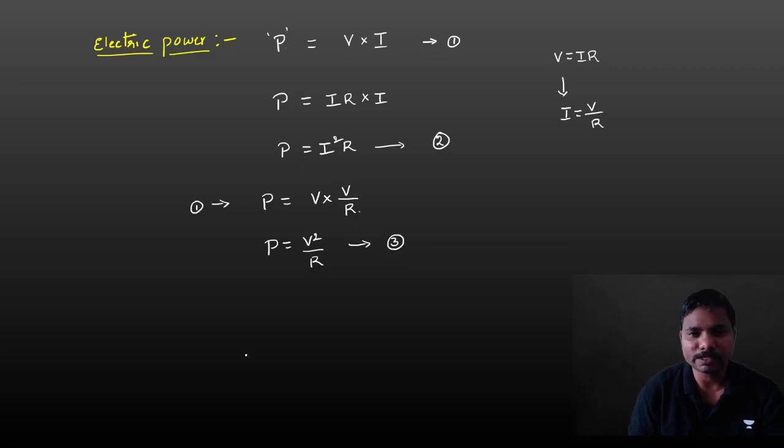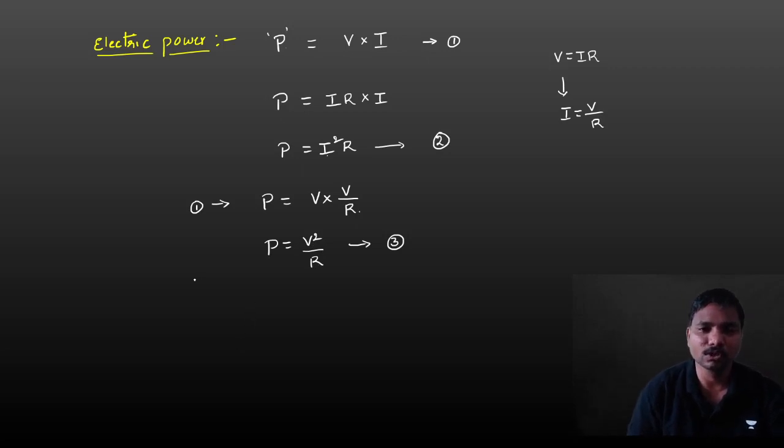Whenever they have given voltage and current, we go with the first formula. If they have given current and resistance, we can go with the second formula. Whenever they have given voltage and resistance, we can go with the third formula.